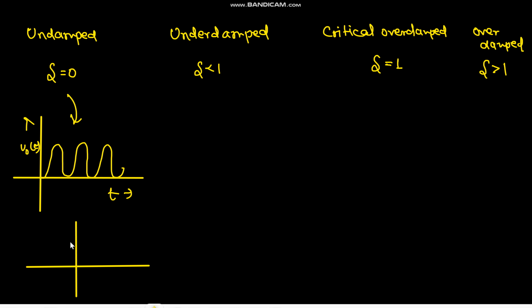Okay, so pole zero location: pole location would be on the imaginary axis, complex conjugate. Sorry, conjugate only. So on the imaginary axis we will have conjugate poles. Okay, for underdamped, this is how the response would look like.